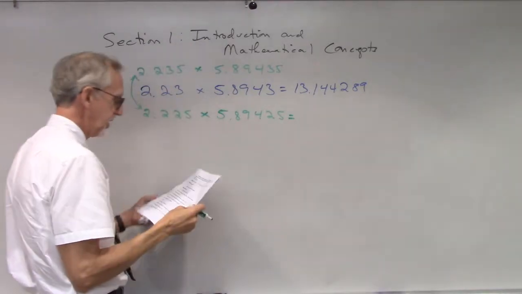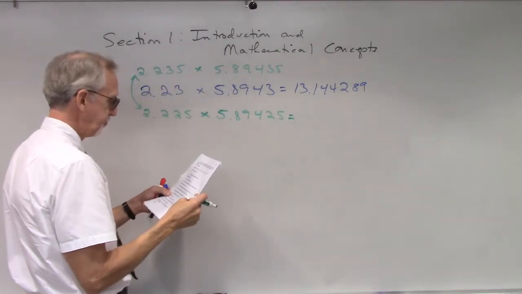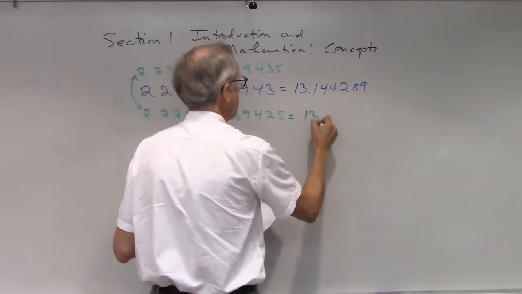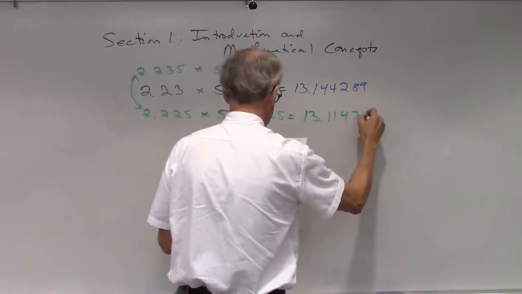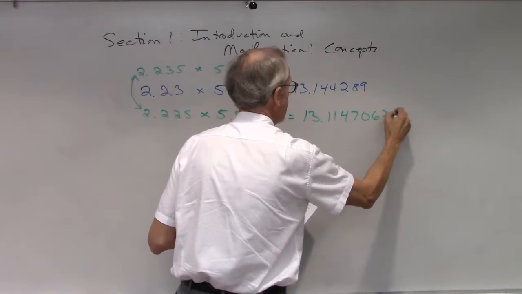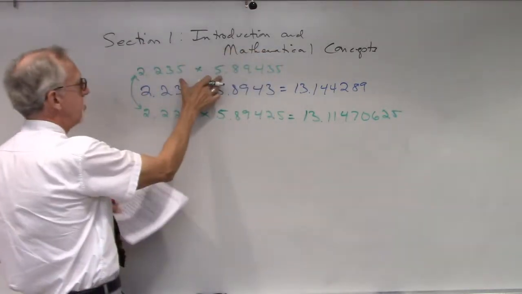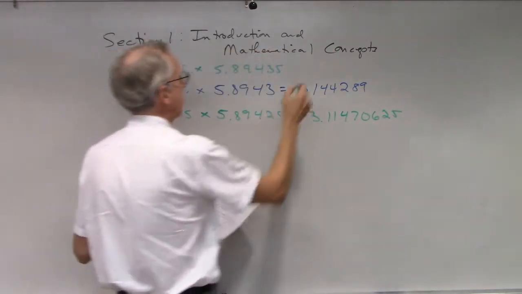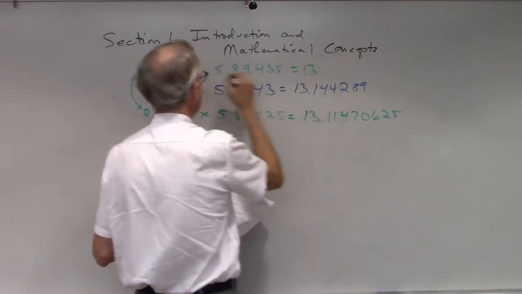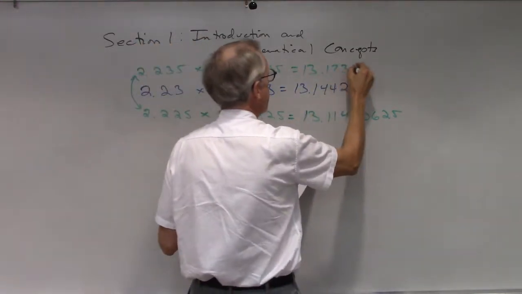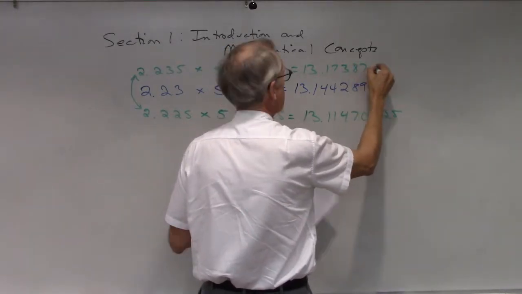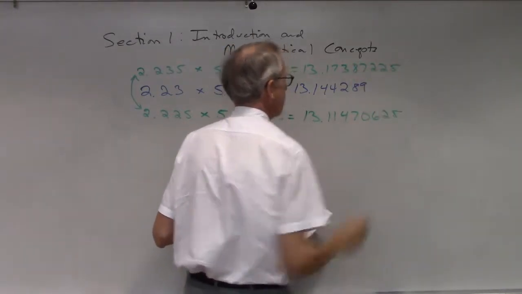Well, what do we get if we multiply these? Multiply those out and we get 13.11470625. And if we multiply these, we get 13.17387225.